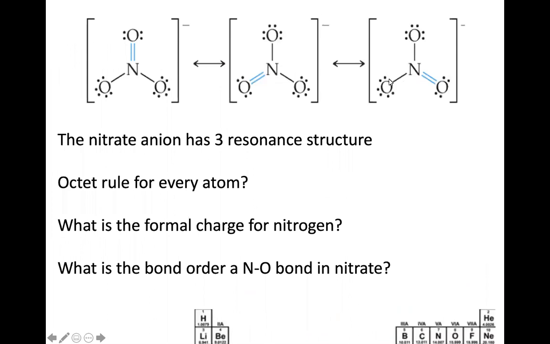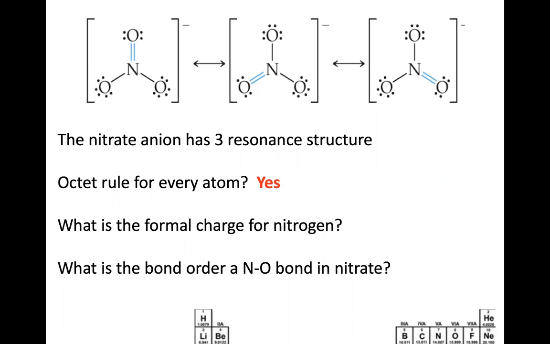So if I look at these three examples right here, take a second, look at one. Is the octet rule applicable? Is it being followed by both nitrogen and oxygen? Is it being followed by all of the atoms? I think it is, okay? I think I see octets however I look for nitrogen, oxygen, either of the oxygen environments.